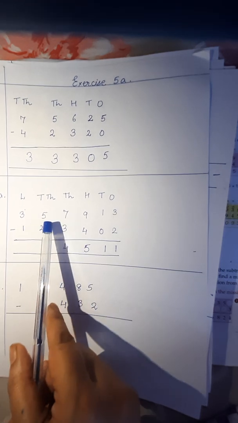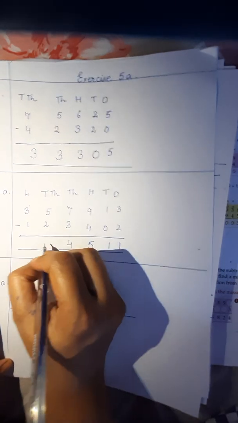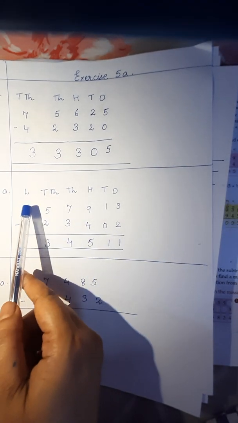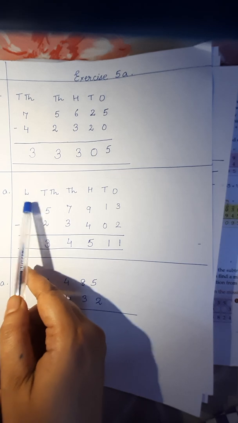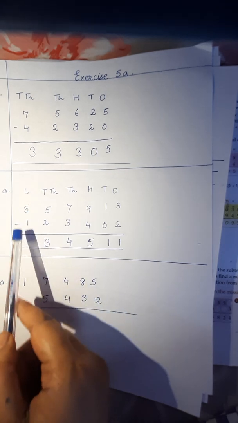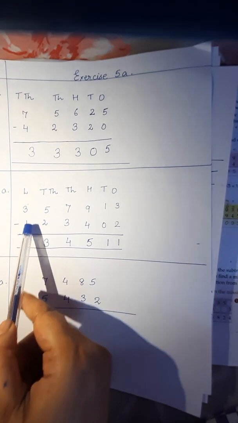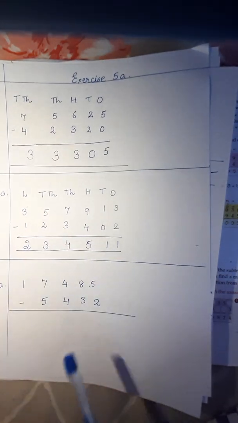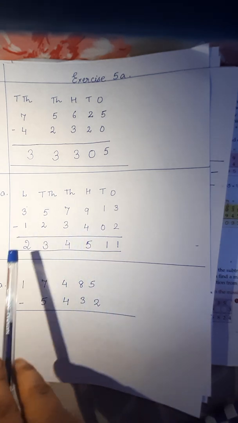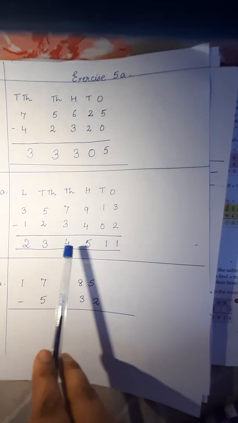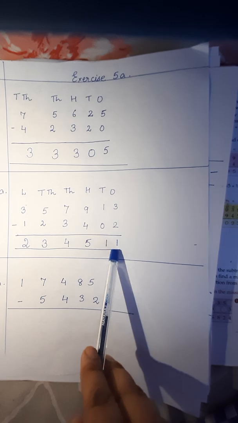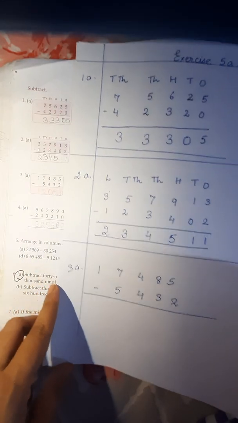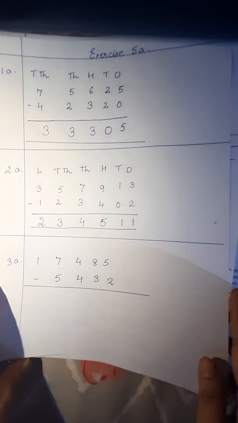When we subtract these two digits, we will get 3. Now the last column which is left is lakh. So here we have two digits again, 3 and 1. When we subtract these two, we will get 2. So what is your answer? 2,34,511. Okay, so now we will do question number 3A.